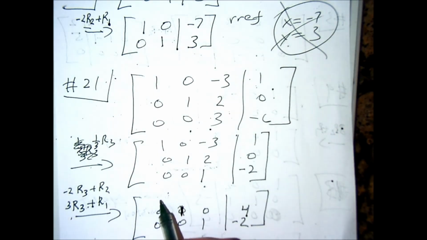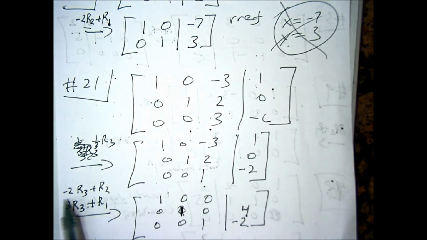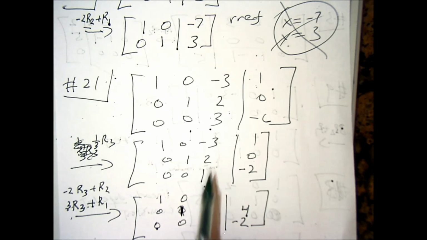And then row 1, this becomes a 0, because 3 times everything in row 3, 3 times 0 is 0, added to 1 just leaves it the same. 3 times this number is 3, added to the negative 3 gives me a 0, so that's what I write there. 3 times the negative 2 is negative 6, plus 1 gives me negative 5.